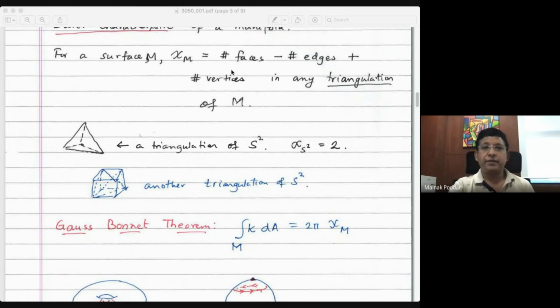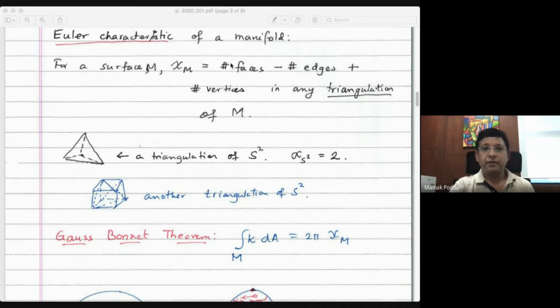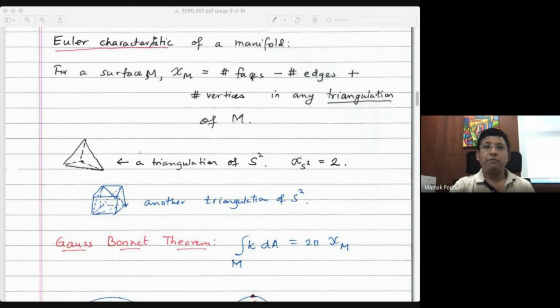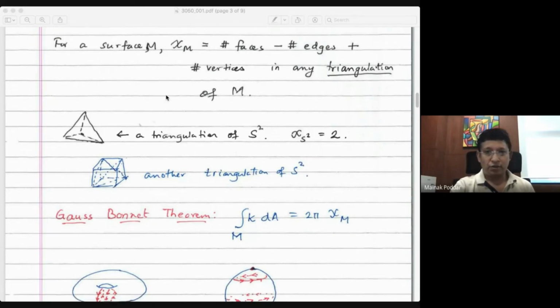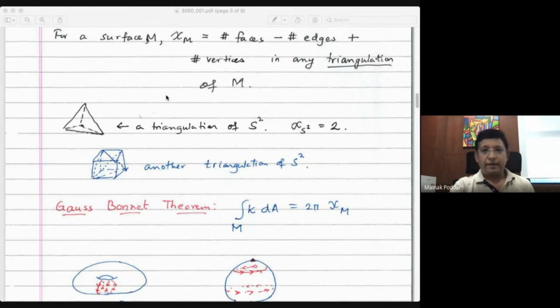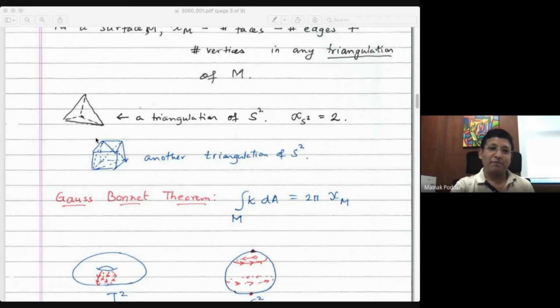The Euler characteristic is defined to be, in such a triangulation of a surface, that is a two-dimensional manifold, the number of faces minus the number of edges plus the number of vertices. And it turns out, quite remarkably, that this does not depend on the triangulation of the manifold. One has to work hard to show this.